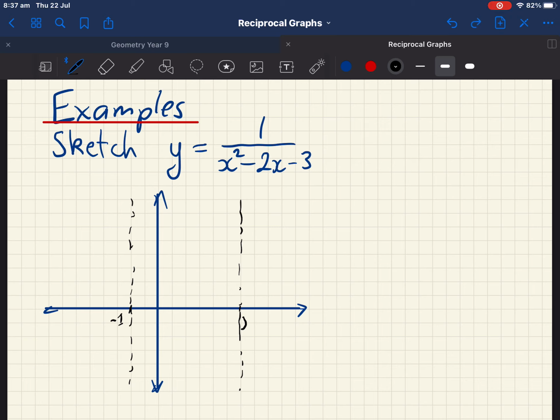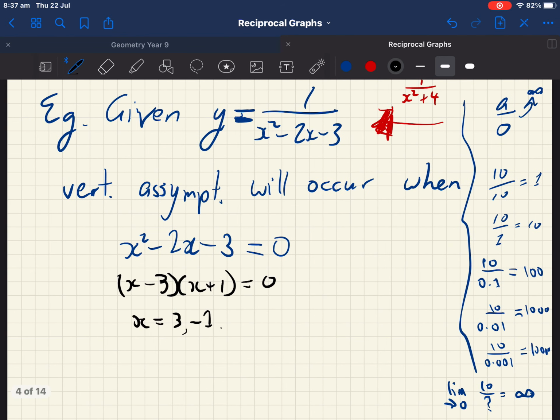I believe I started on the right-hand side for this function. I'm still talking about vertical asymptotes, just illustrating that it's going to be heading off to infinity as you approach a vertical asymptote.